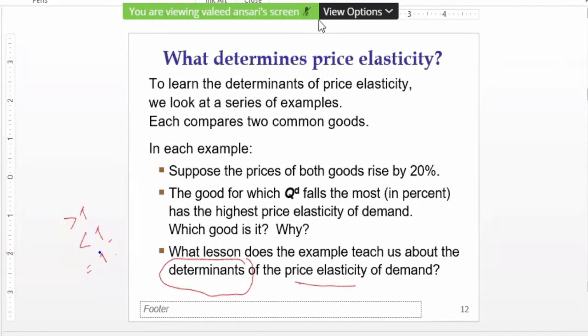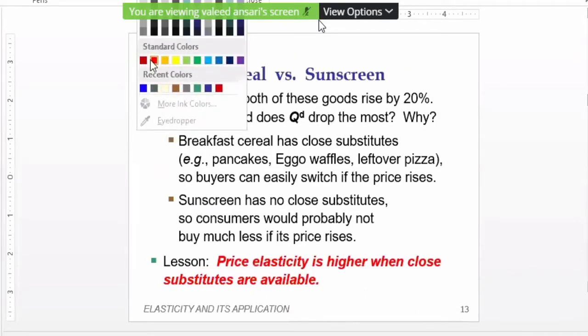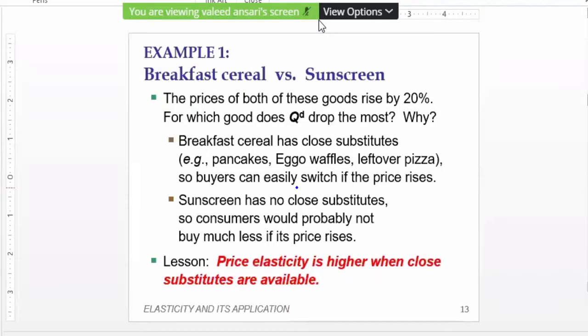So there are several factors which affect price elasticity, and we can understand the determinants of elasticity by asking a simple question. Examples are given here in my slide. How many substitutes are available? What is the availability of substitutes?